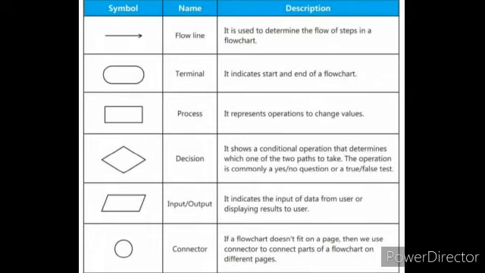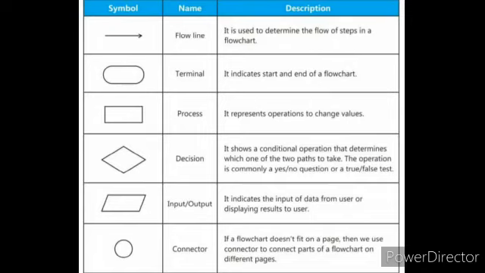Fourth symbol is diamond symbol and its name is decision symbol. It shows a conditional operation that determines which one of the two paths to take. The operation is commonly a yes or no question or a true false test.